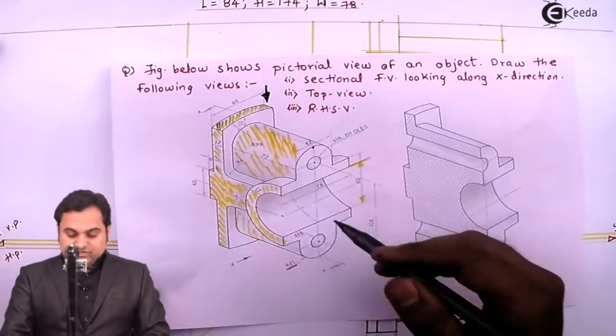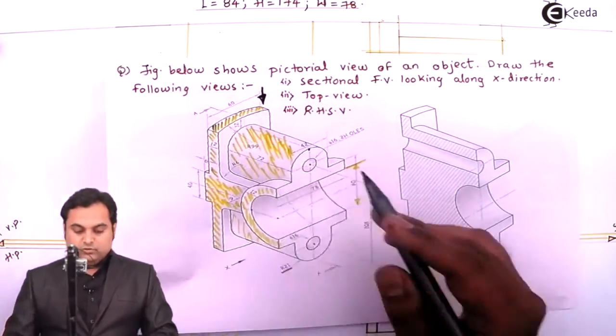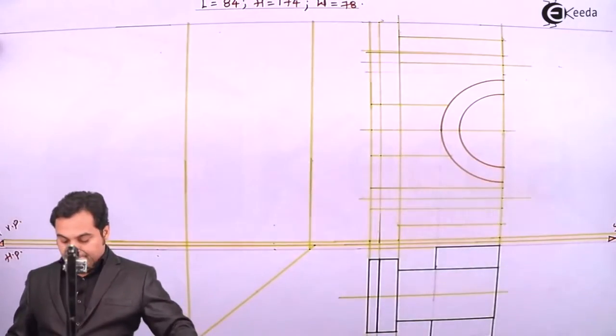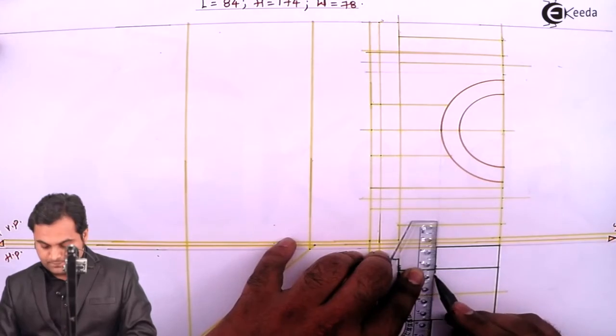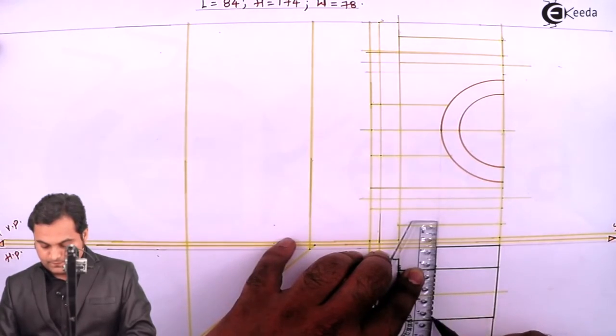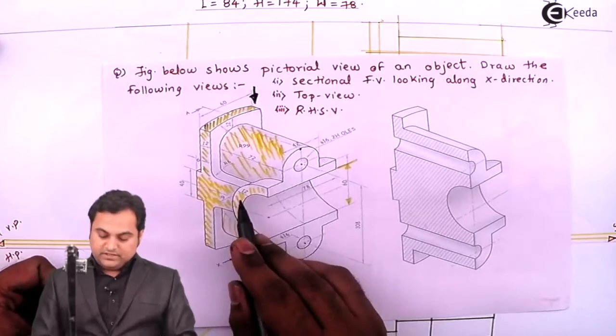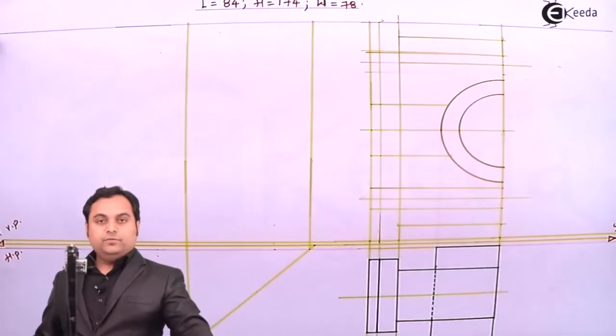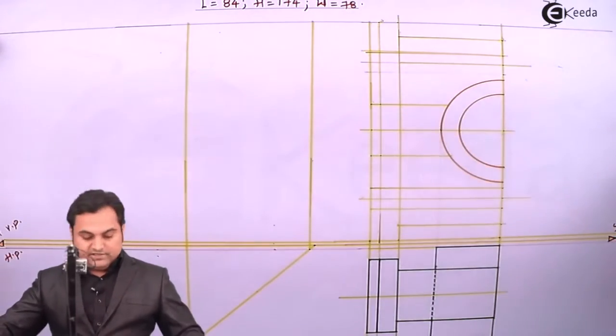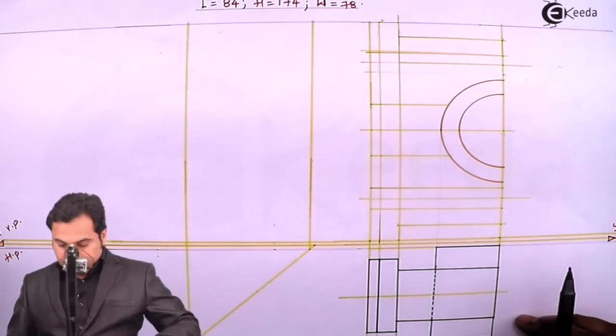And the portion of the semicircle which goes inside this block will be shown as hidden. Next, after that, there is another semicircle which won't be seen from the top, which is inside. So I'll project it and it will be hidden.